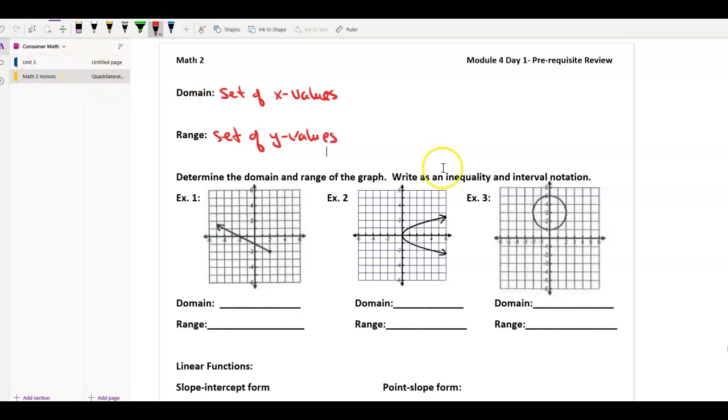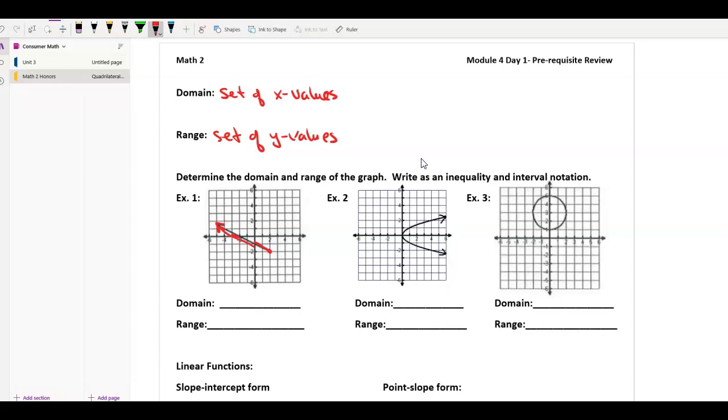Okay, so right away when we do this, we might have to learn how to do it using inequalities. So we're going to do interval notation, and then we're going to do it as an inequality. So the first one, if I look at this graph, it is this line here.